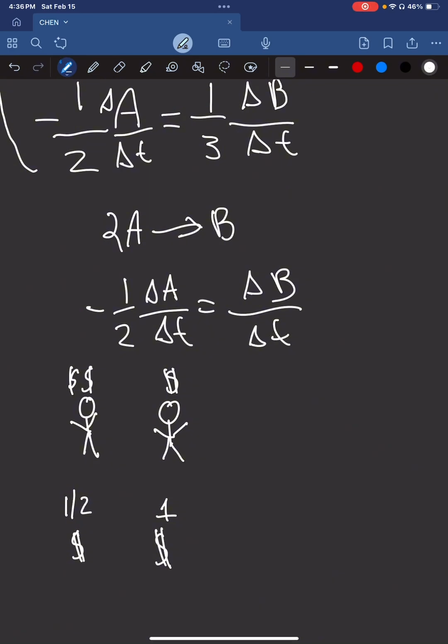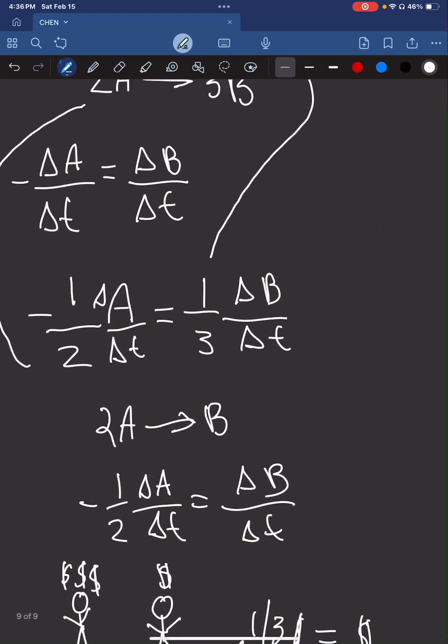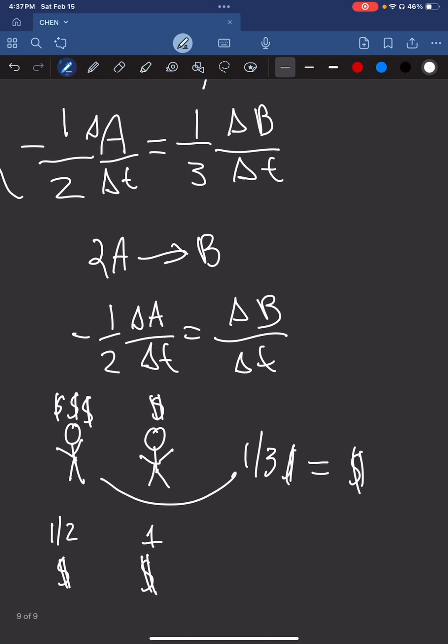So if I had three money, then 1/3 of his money would be equal to one of yours. So that's the relationship of it. So in this case, with two and three, half of A is going to be equal to a third of B, right?